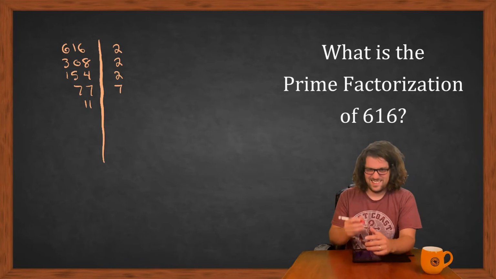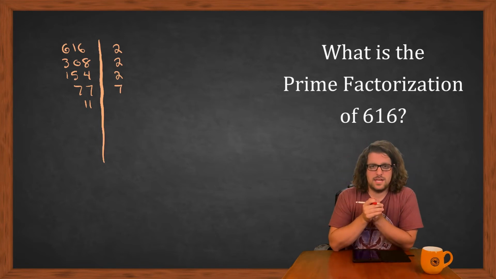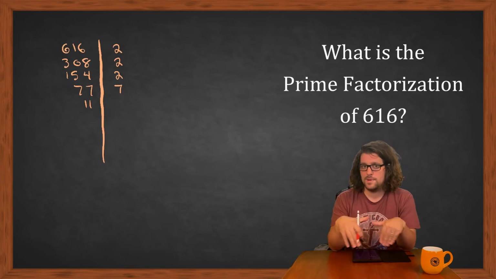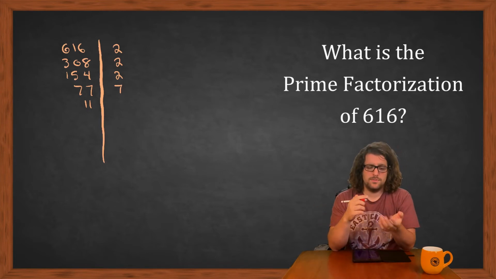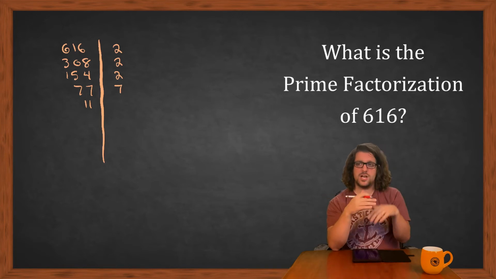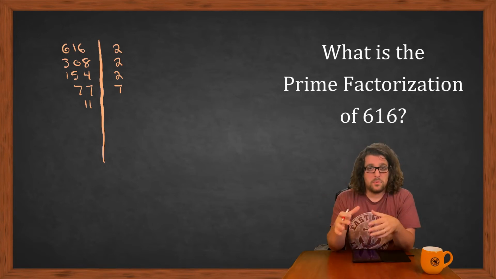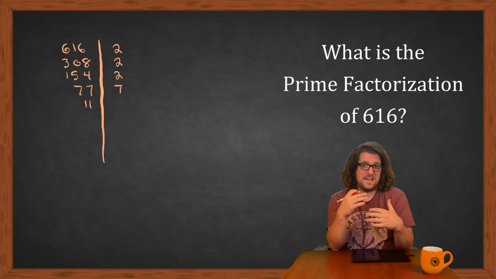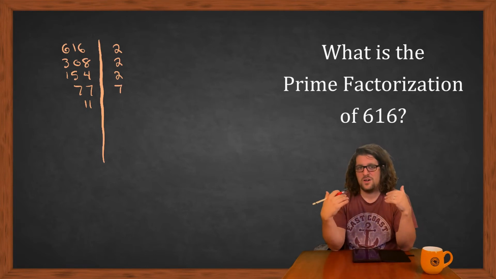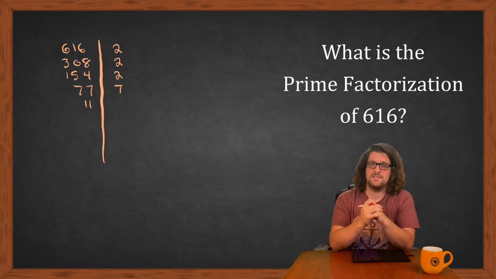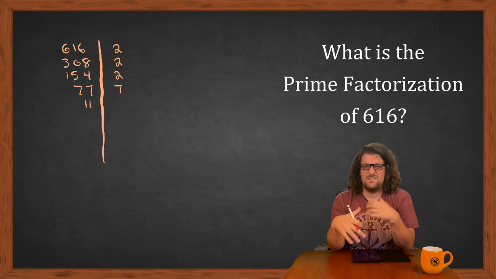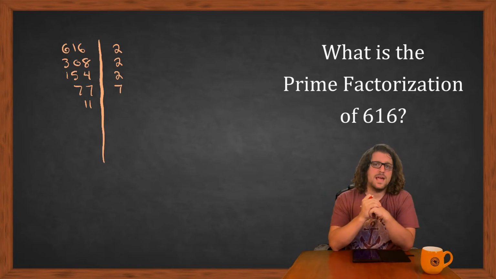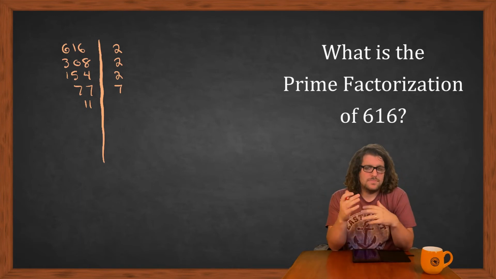And so 7 will go into 77 11 times. And so 11's an interesting number because it's our first 2-digit number that we are going to end up stopping at. So this is prime as well, and we could test it if we wanted to, but I would suggest knowing enough about prime numbers that you recognize the 11. And if you didn't before going into this, I hope that you'll take the time after having seen this to get that 11, that 13, and go up as high as you think might be helpful to you.